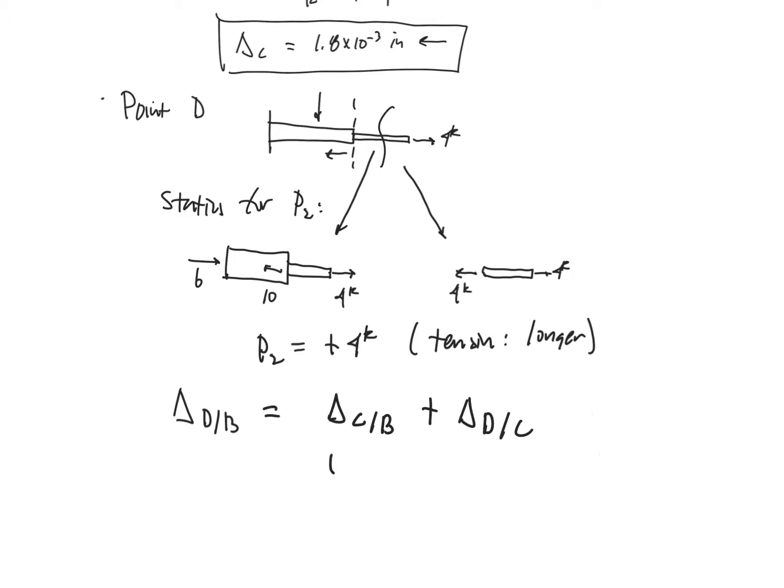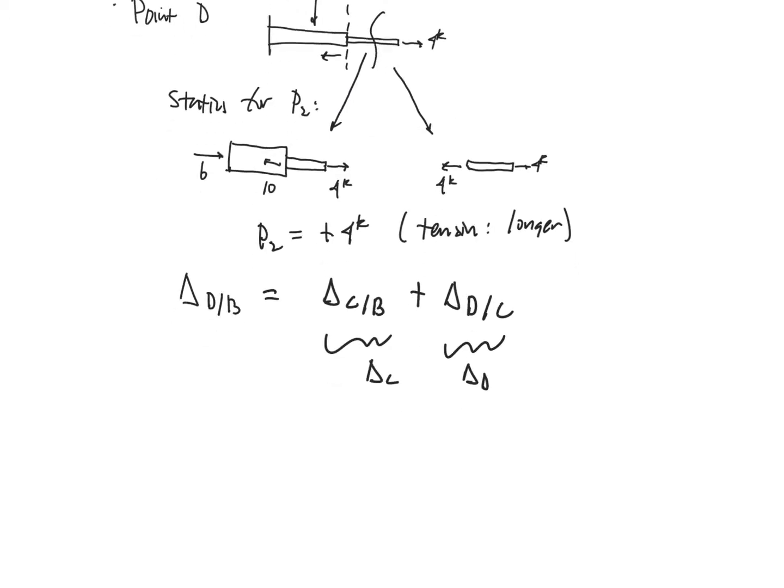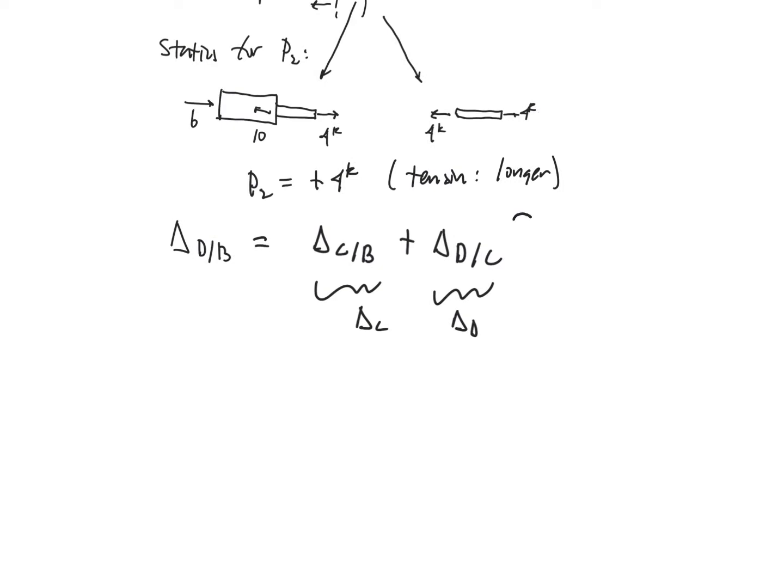They'll say, well, this is just going to be delta C, this would just be delta D. And it's kind of implied that you're measuring it in reference to something else. But a lot of times it's nice to put these relative motion symbols in there that most of you have seen or will see from dynamics.